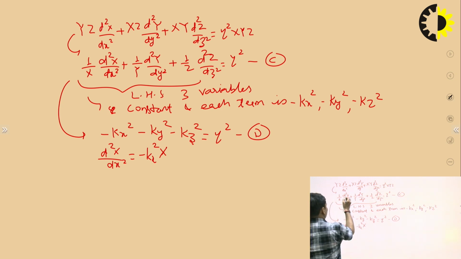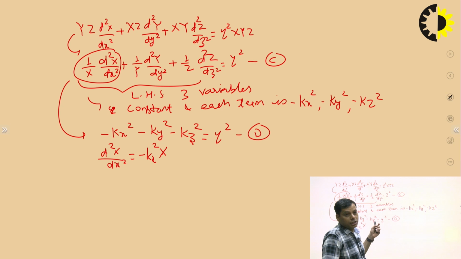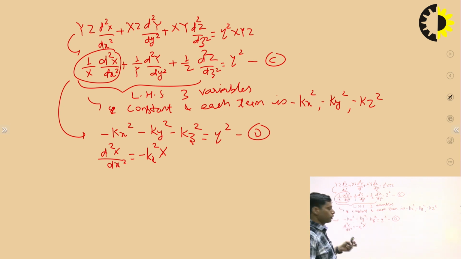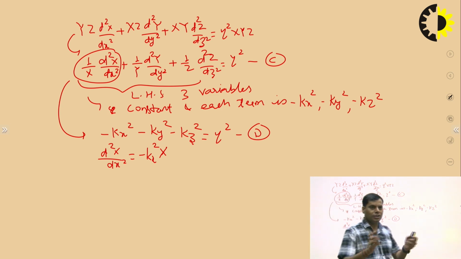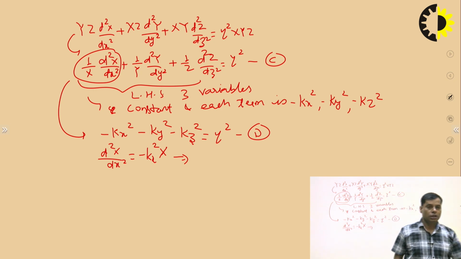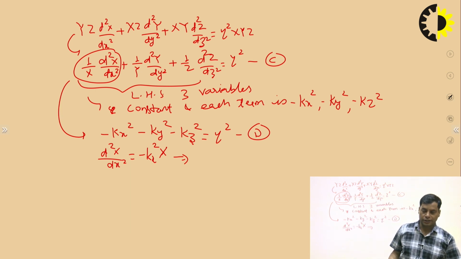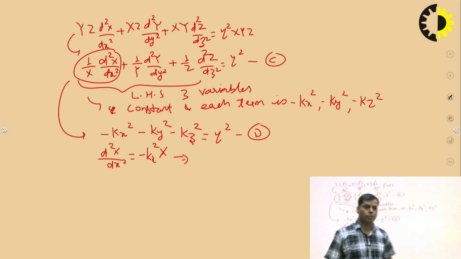Easily we can assume that because all three are independent and this equation has a function of x only, we will find the solution of this differential equation using the CF and PI methodology, complementary function and particular integral. Here we are just applying the complementary function approach.